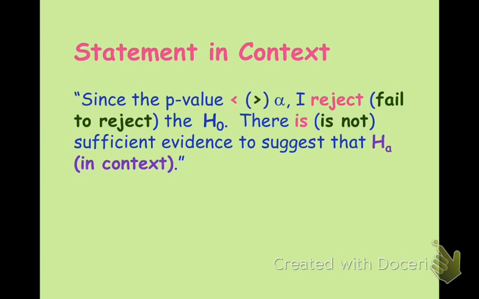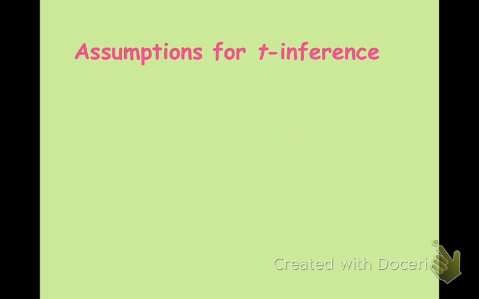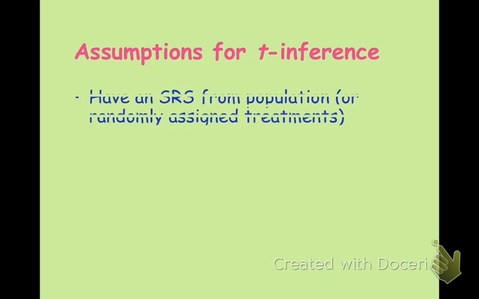All right, we know our 4 steps. The very first thing we've got to do is check our assumptions for our t hypothesis test, or t inference. These are the same assumptions we did for a one-sample confidence interval for means. Let's recap what they are. First and foremost, we're going to have a simple random sample from a population, or if we don't have that and we've got an experiment, we have to have randomly assigned treatments to our experimental units.